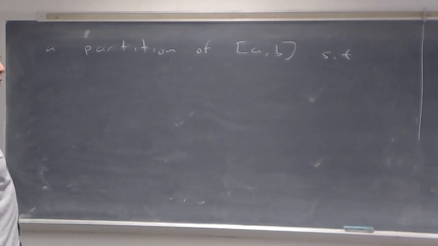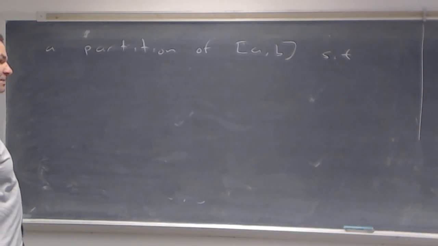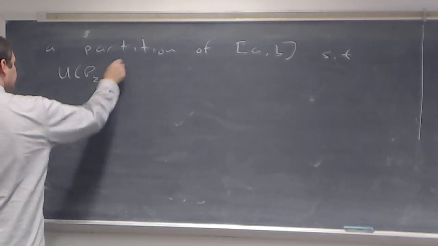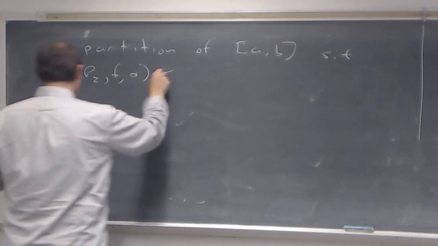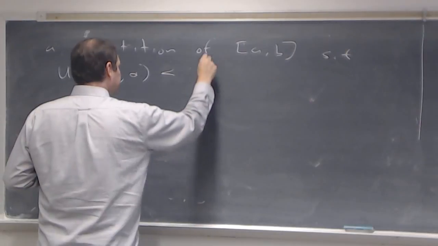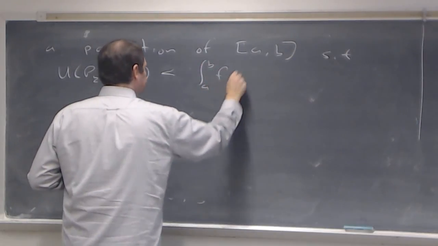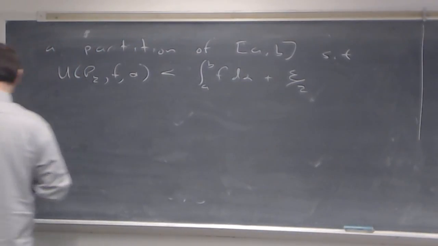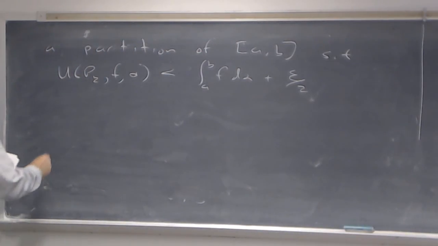It's not a lower bound. So there's got to be something smaller than that. So it's that U, P2, F, and alpha is less than this Riemann-Stieltjes integral plus epsilon over 2. Okay.